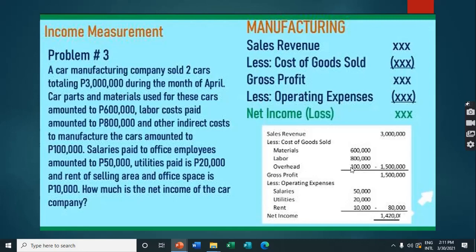So, magkano yung binili niya para sa car parts? So, we have 600,000 para sa materials, di ba? And then, we have also the labor, which is 800,000. And also, the overhead cost na 100,000. So, to sum up those amount, magkano yan? So, 7, 8, yan.